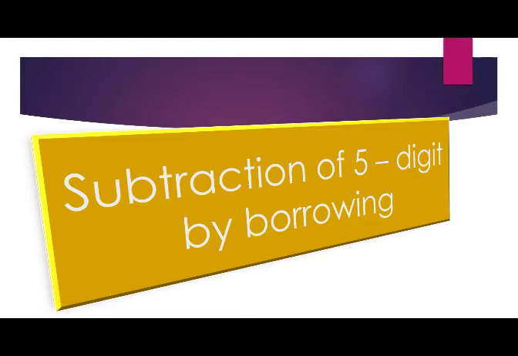Yes, you all are right. 10,000. So 5-digit numbers. Just repeat after me: unit, tens, hundred, thousand, and 10,000. So we are going to solve 5-digit subtraction by borrowing method.